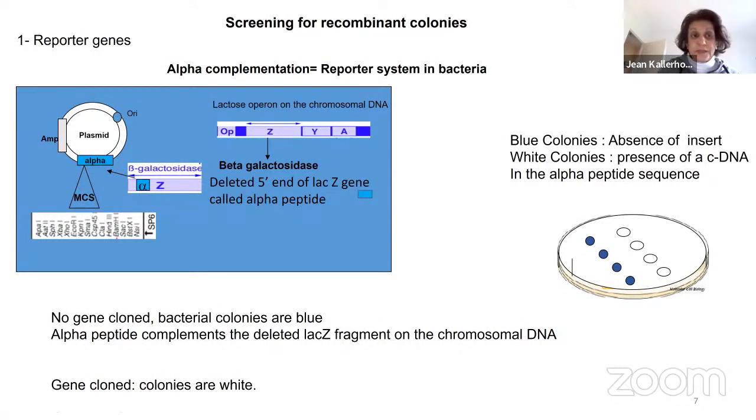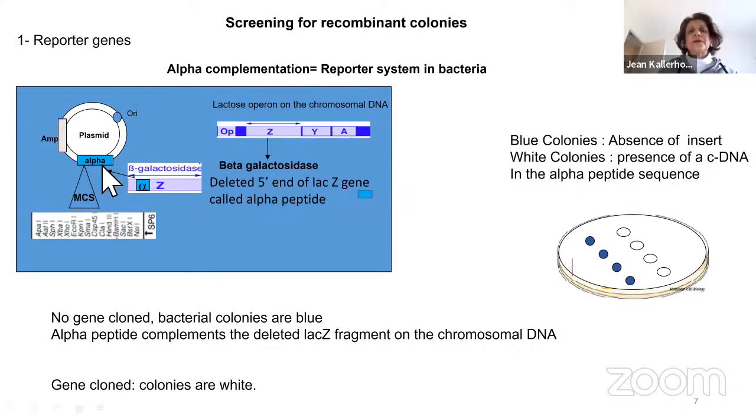So when alpha is present and Z is present, and there is no sequence in the multiple cloning site, this alpha peptide that will be translated will complement the 3' end of the Z gene, and the protein will be formed.